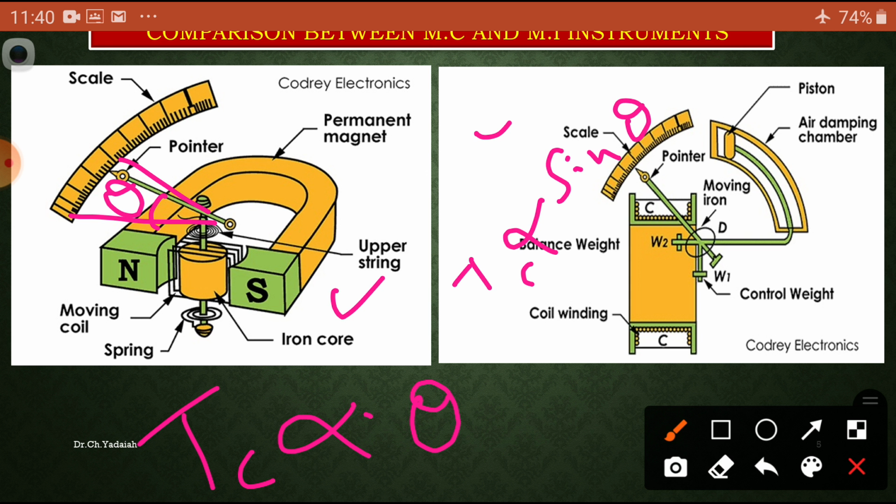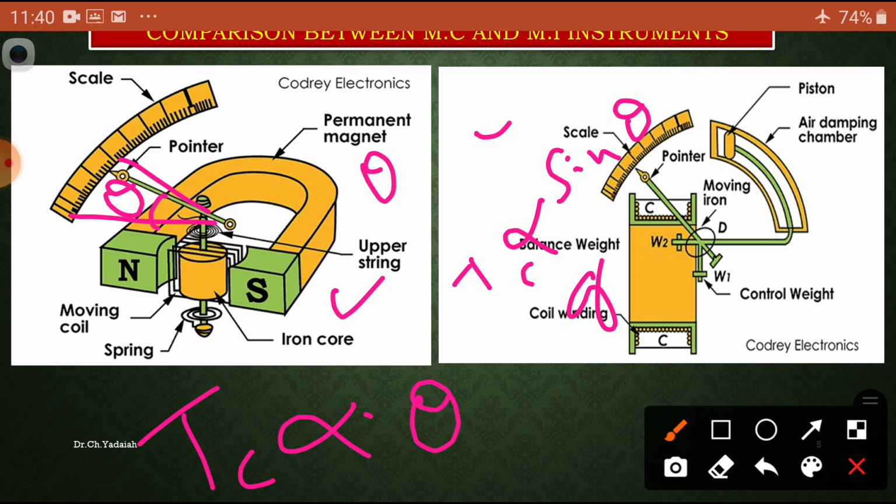So with the gravity control method we get T_C proportional to sin theta, whereas due to the spring control we get it directly from the angle of deflection theta.